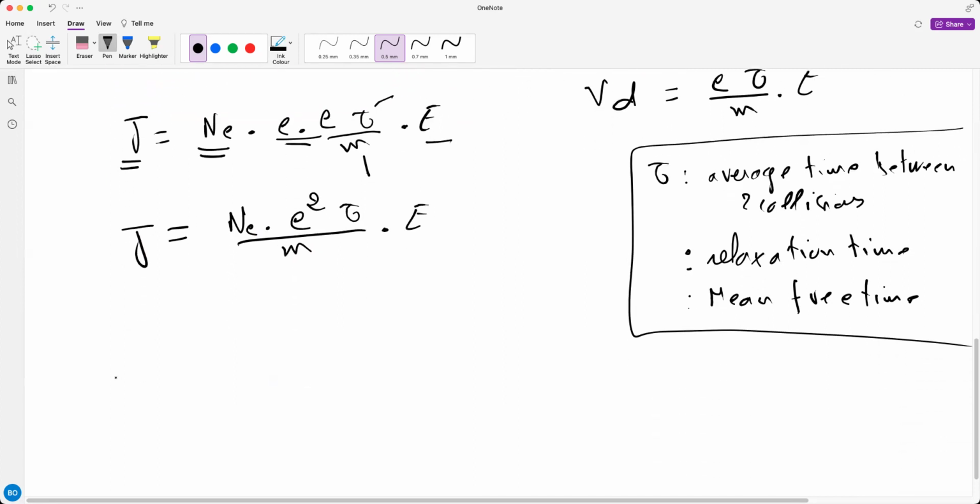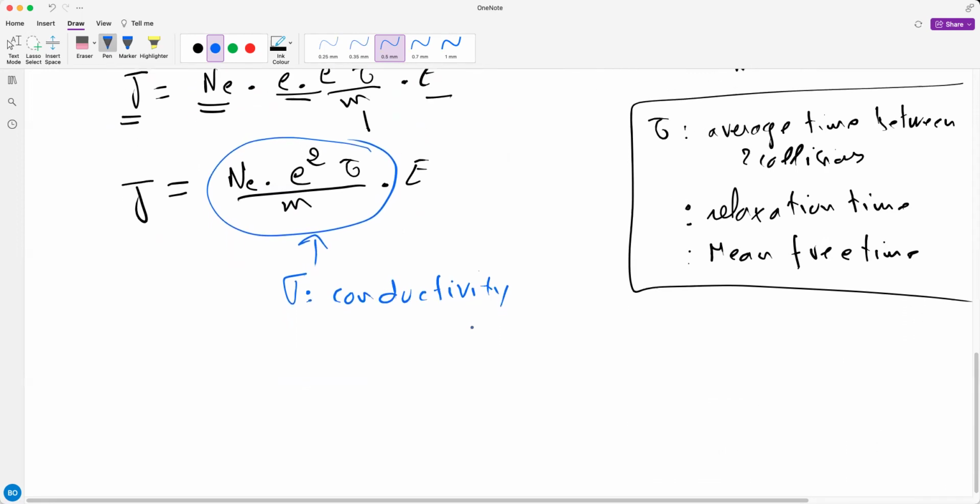Okay. Now, this quantity, have you seen this kind of quantity? The current density is proportional to the electric field. This is called conductivity. This is the conductivity of the material.